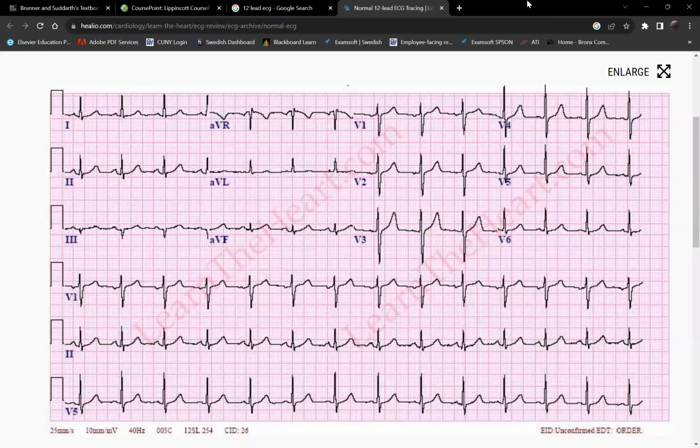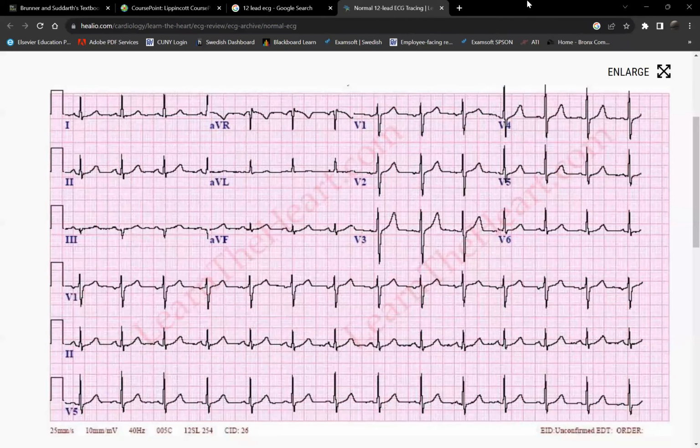As far as lead 1 is concerned, this is what the electrical activity looks like from where it's standing. Then lead 2, this is what it looks like. Lead 3, since it's on the right side, looks different, right? Look at lead 2 and lead 3. Completely different picture. And same thing for V1, 2, 3, 4, 5, 6.